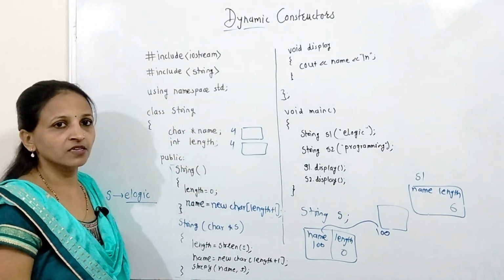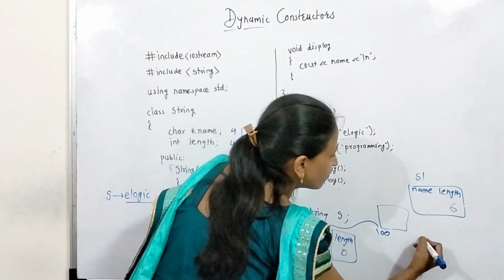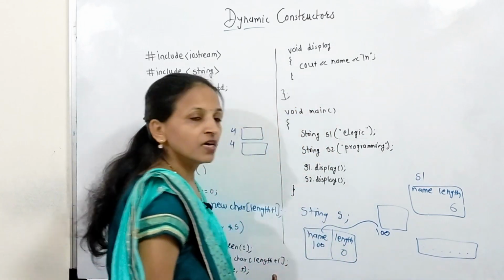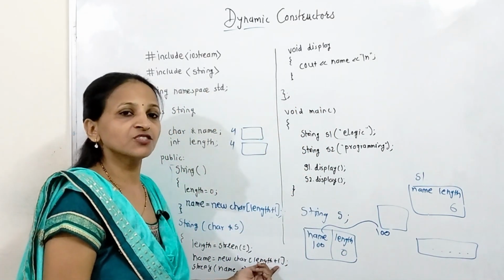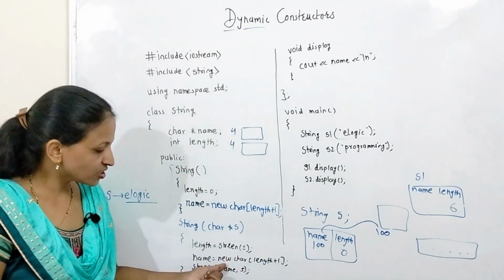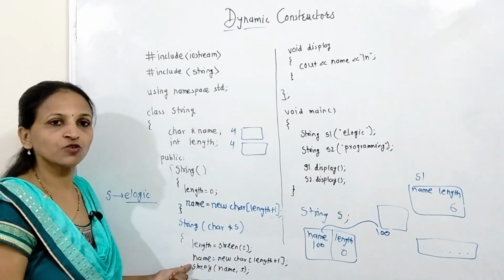Always keep that in mind. Now length plus 1, 6 plus 1, a 7 character array will be allocated, which means 7 characters of space will be allocated internally and its address will get returned by this new operator, and that we are storing inside name.